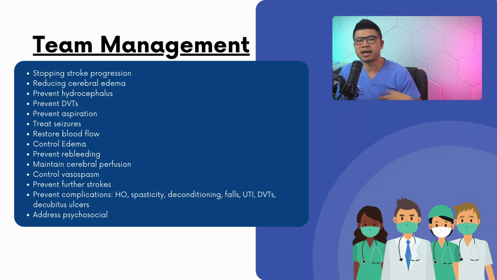The patient may undergo surgical procedures such as angioplasty and thrombolysis. With ischemic strokes, the restoration of blood flow is of the highest priority. With hemorrhagic strokes, controlling edema is important, as is preventing rebleeding, maintaining cerebral perfusion, controlling vasospasm, those kinds of things. Overall, we want to prevent the stroke from recurring too.